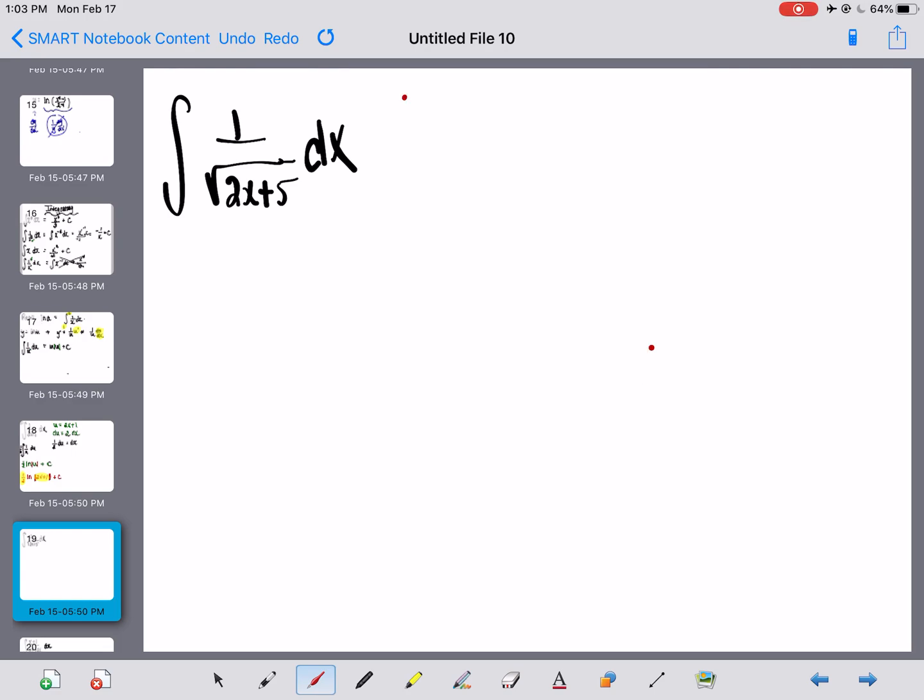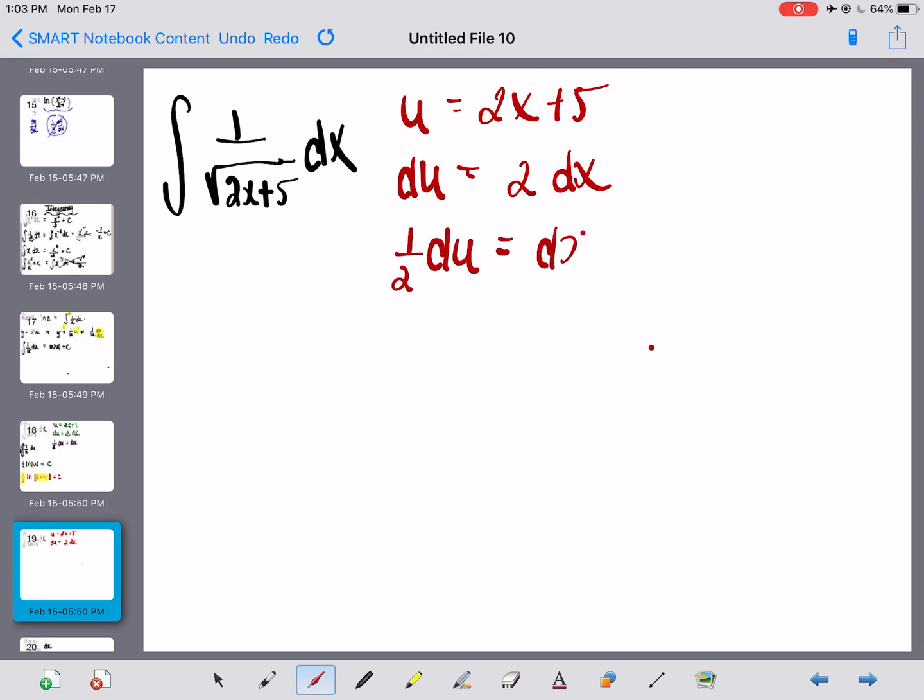Here, we would let u equal 2x plus 5. Du would also give us 2 dx. And there's no 2 out front, so 1/2 du is equal to dx. If we were to start this problem, I'm not going to do the whole thing, we would rewrite it as 1 over u to the 1/2.